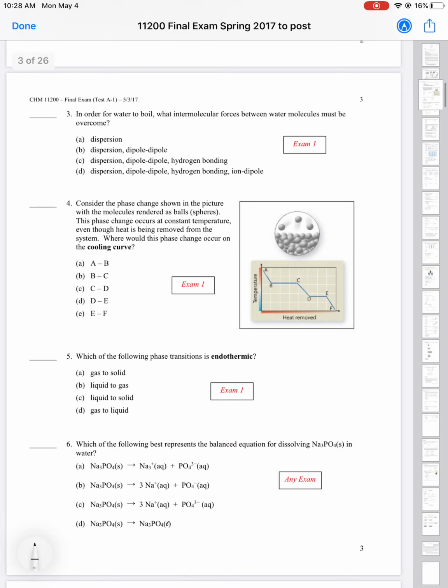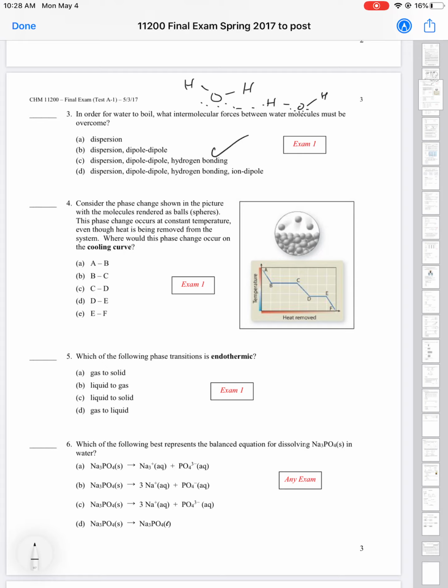Number D. In order for water to boil, what intermolecular forces between water molecules must be overcome? Well, a water molecule has hydrogen and oxygen. Since you have those O's connected to those H's, you can make hydrogen bonds there, which is the most specific. That's a type of dipole-dipole, right?